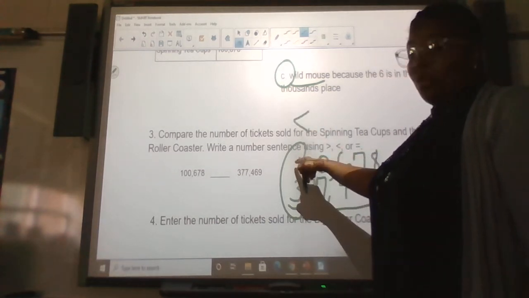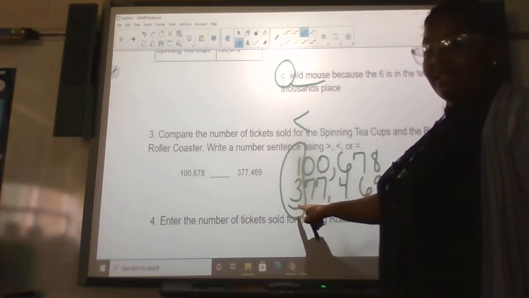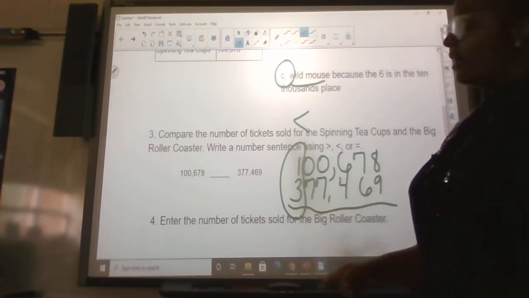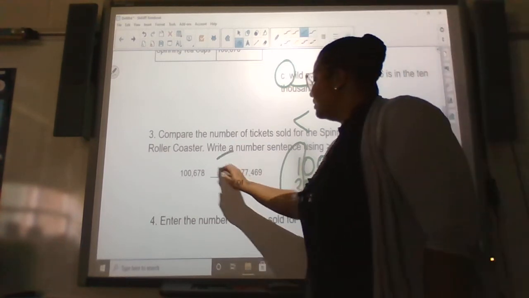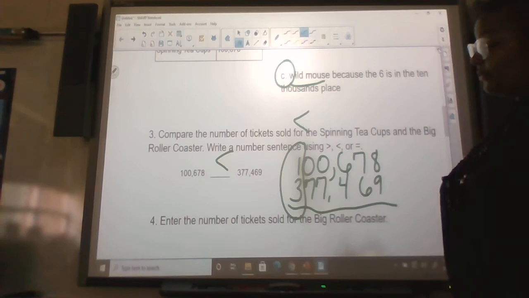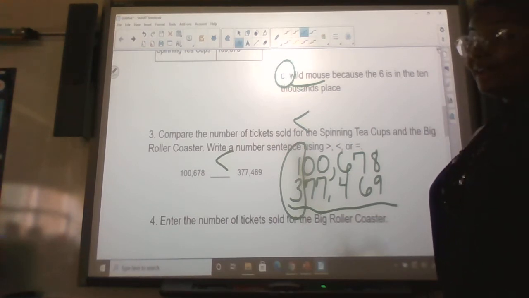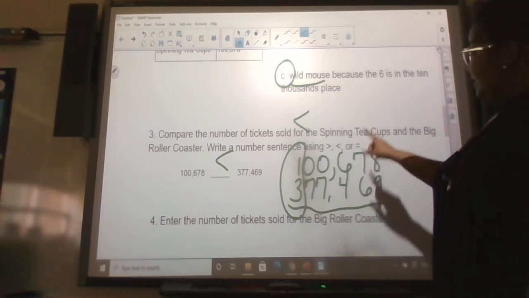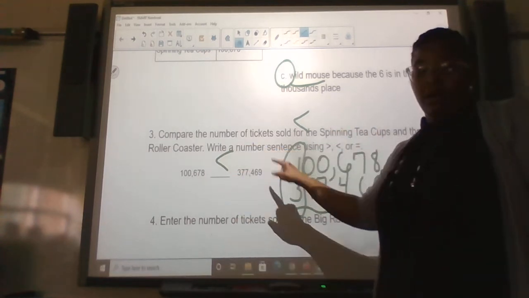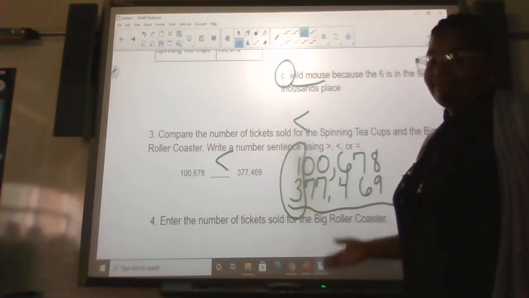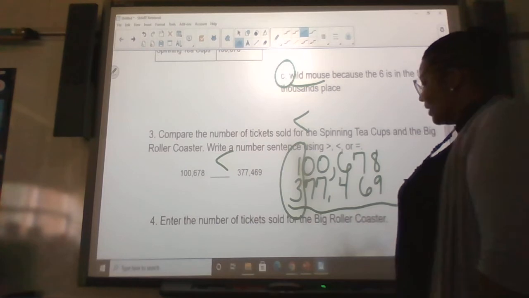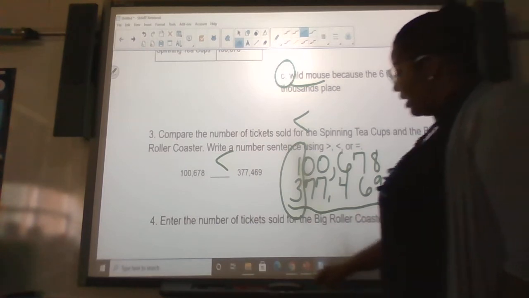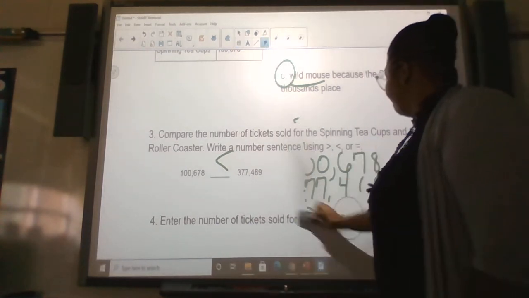So since this 1 is less than this 3, I know that 100,678 is less than 377,469. Just that simple. When you see these numbers on your test tomorrow, stack them, compare them. Less than. Great job, boys and girls. So we are going to move ahead.